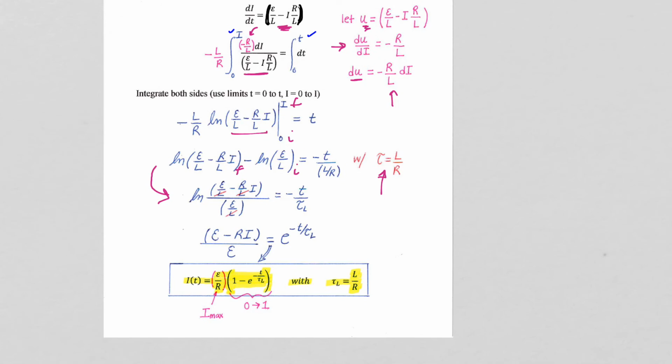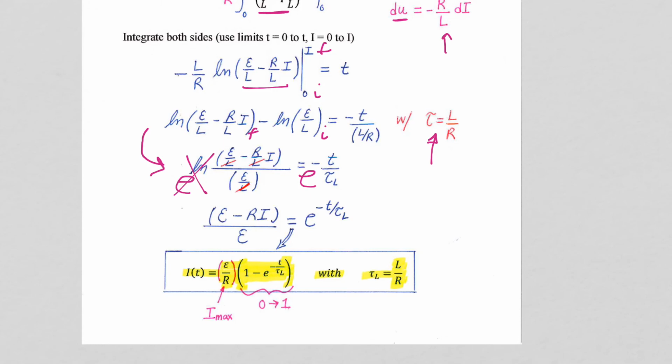Once we have our natural log of A over natural log of B, natural log is base e, so we let e operate on both sides to get rid of the ln. You can see we lose the L's above, so make sure you have all your algebraic steps in here, please. The L's go away, and we then do our final algebra to isolate the current as a function of time.